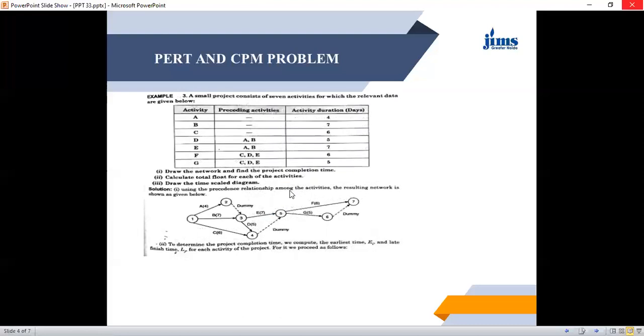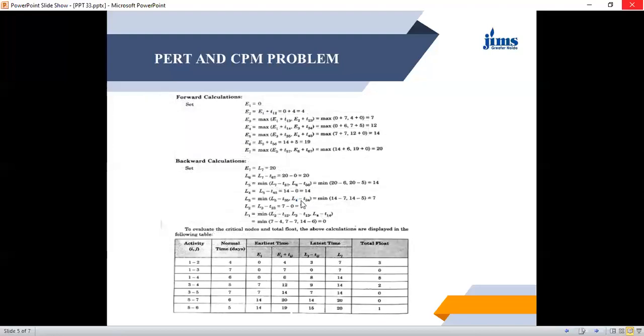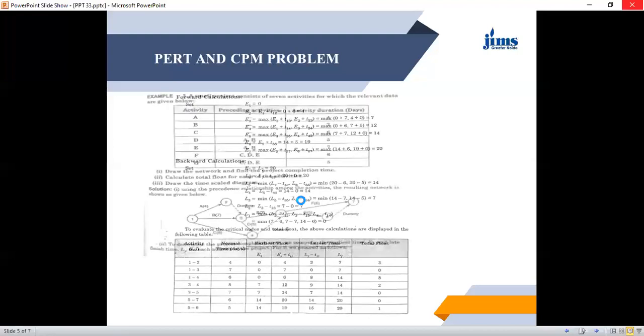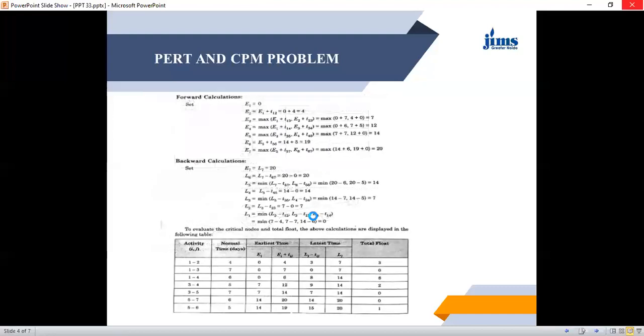Now E6. Consider E6. E6 is equal to, we have calculated this as 12, 14 days. So 12 plus 14 plus this one, 5. So E6 is equal to 14 plus 6, 20 days.